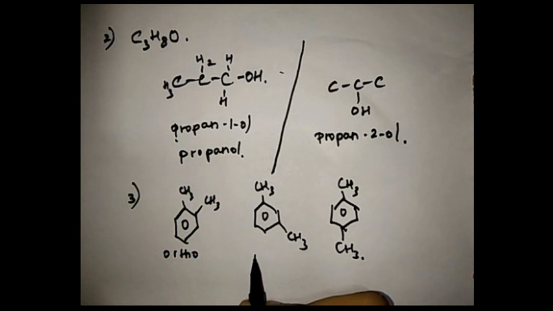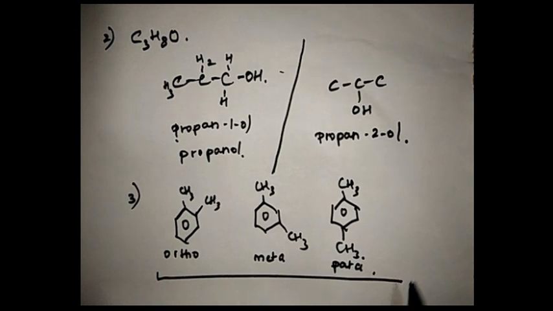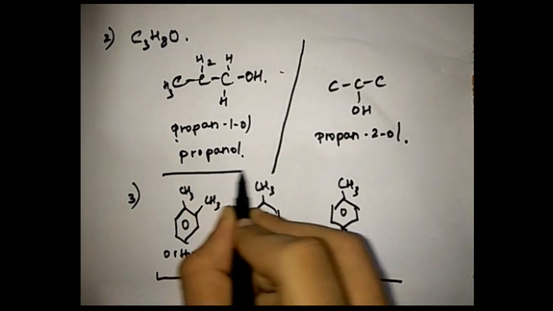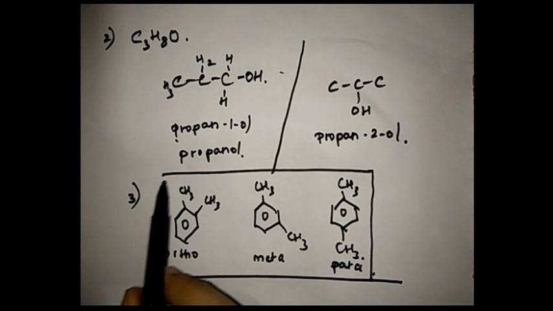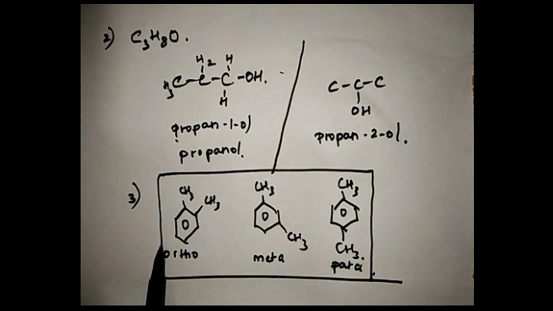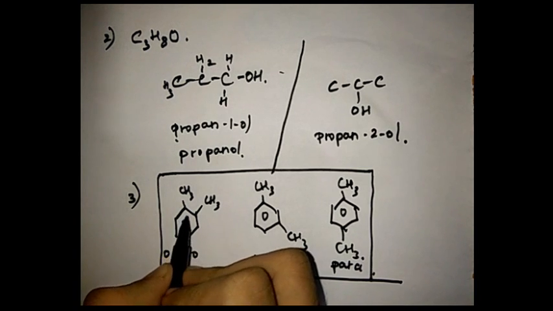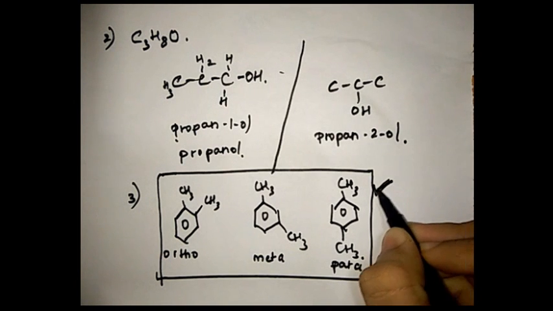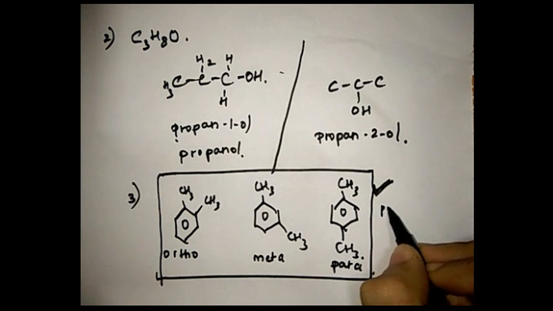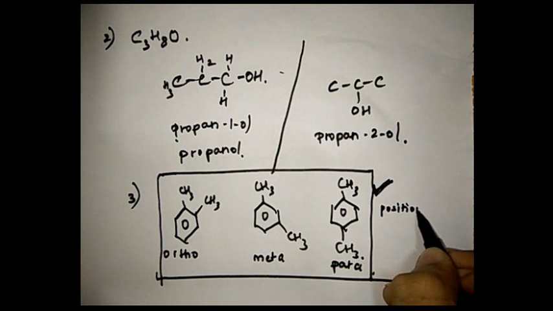Ortho, meta, and para. The purpose of telling this example is that in the future, in the chapters on alcohols, aldehydes and all, these positions are frequently used. So these positions should be remembered, and these are positional isomers.